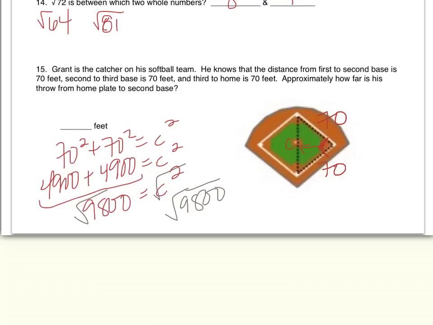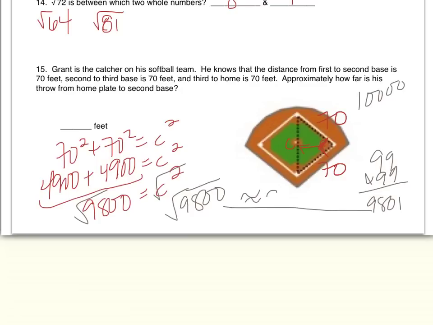I know that 100 times 100 is like this. That much, so that's too big. So over here I'm going to try 99 times 99. And whenever I did, I got that, which is really close to that. So I'm going to call it approximately 99 feet, which is a pretty far throw.